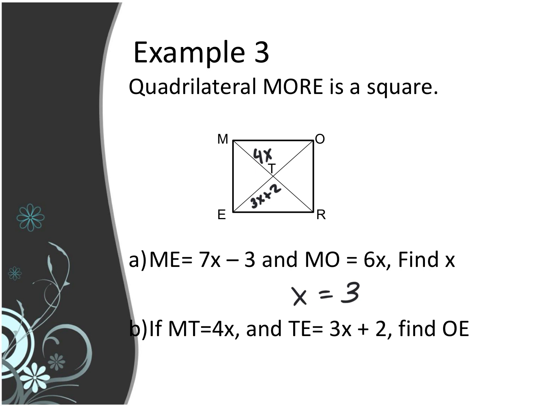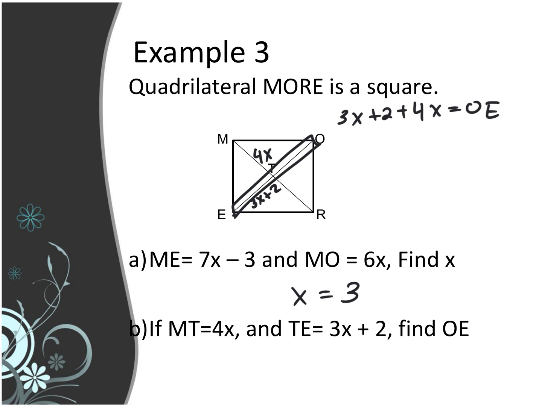Now, in order to find OE, it's itself, again, just doubled, or you can say 3x plus 2 plus 4x equals OE. Let's do it that way since they give us more information.